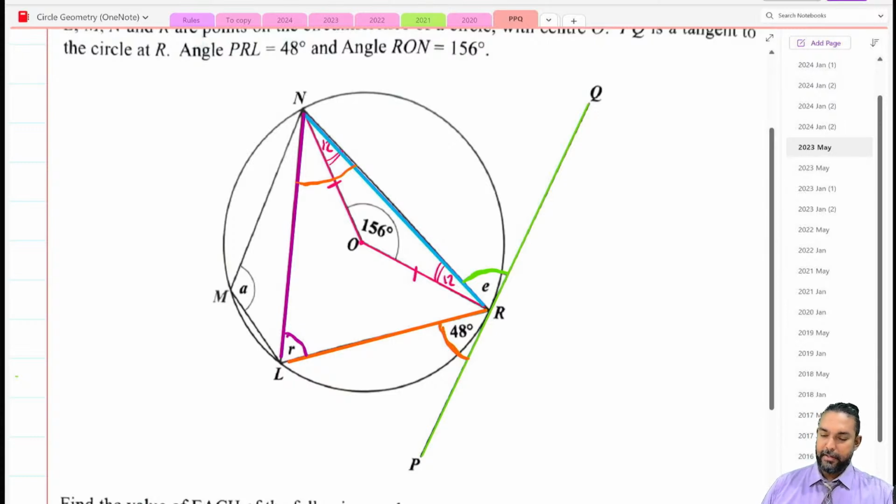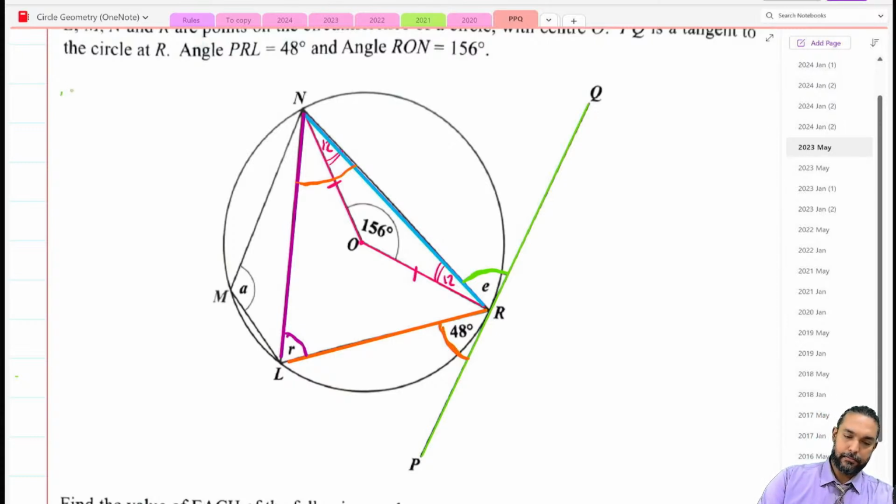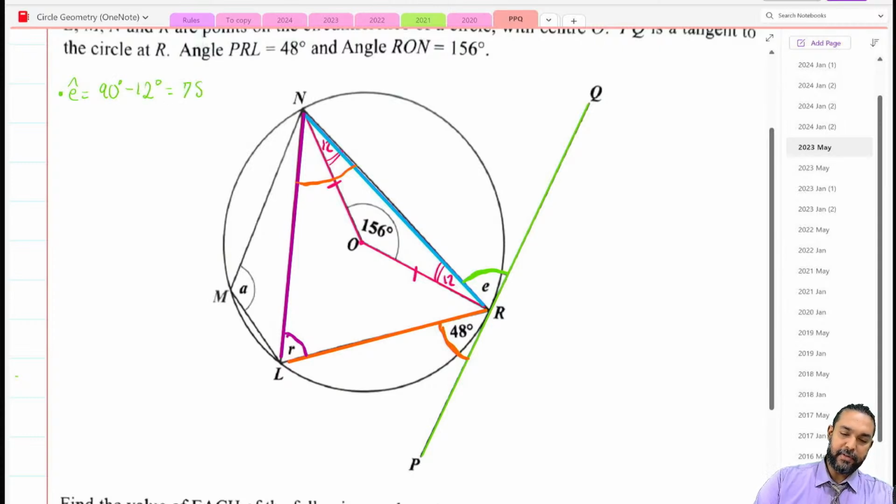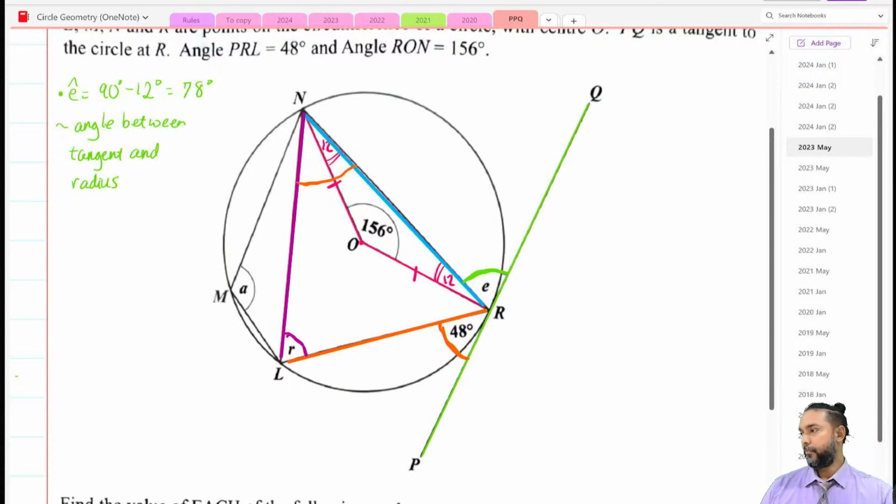All right, so angle E would be equal to 90 minus 12, equal to 78 degrees. And you could say angle between tangent and radius, right?